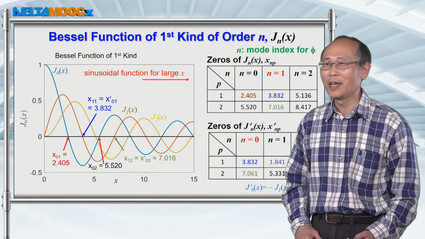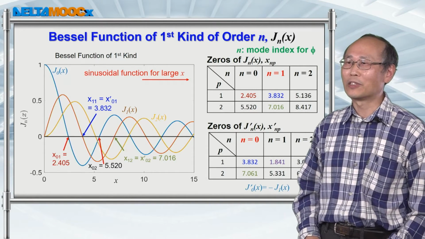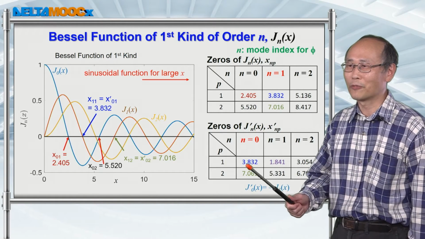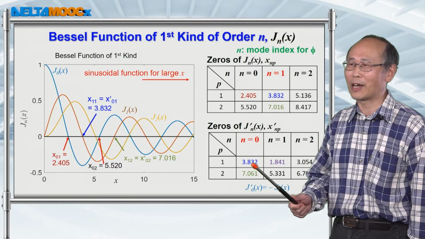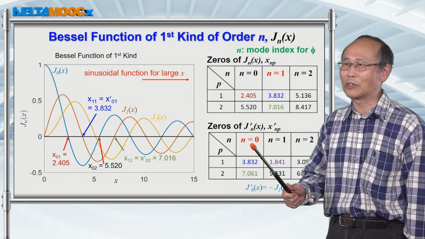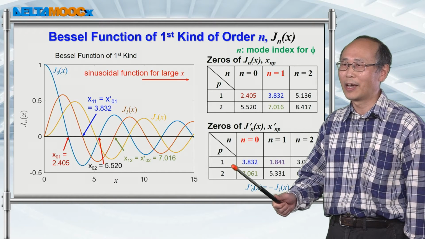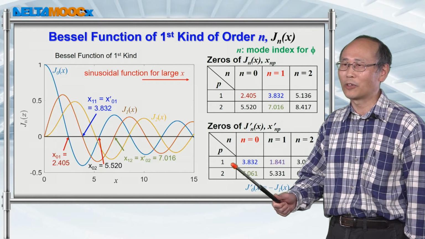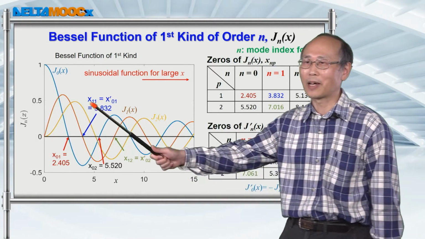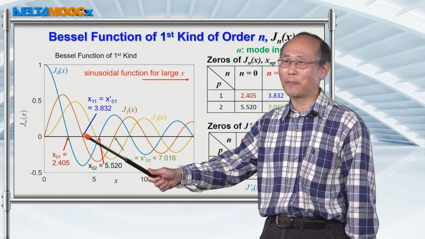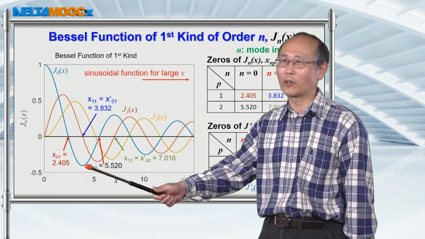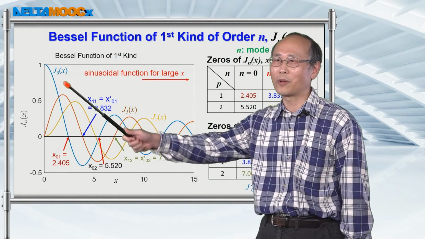So x12 now is equal to 7.016. Sometimes we are interested in the zero crossing of the derivative of Bessel functions. For example, if we pay attention to this value, it means we are looking at the zero crossing of the derivative of the J0 function, and we pay attention to the first zero crossing point. This point happens to be the zero crossing of the derivative of the J0 function.